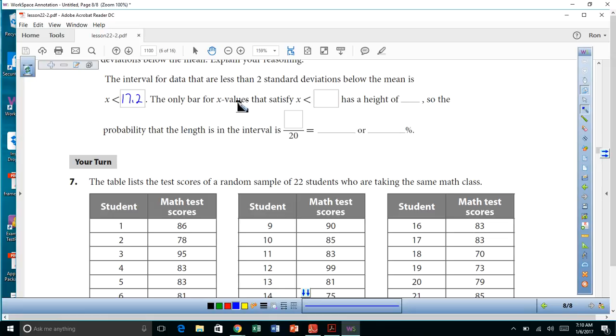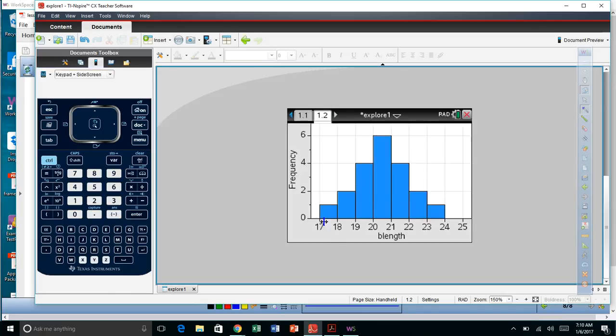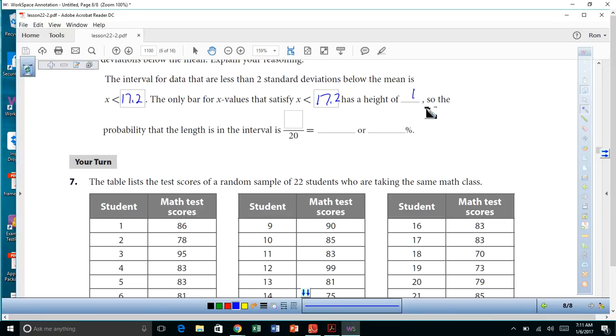The only bar for x values that satisfies x is less than 17.2 has a height of 1. So the probability that the length is in the interval is 1 over 20, or 0.05. Or we might say 5%.